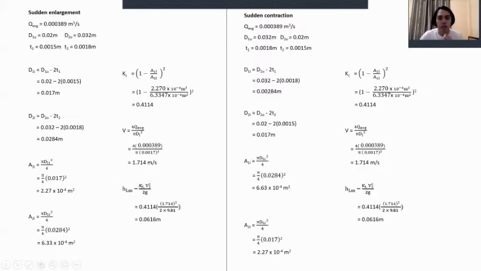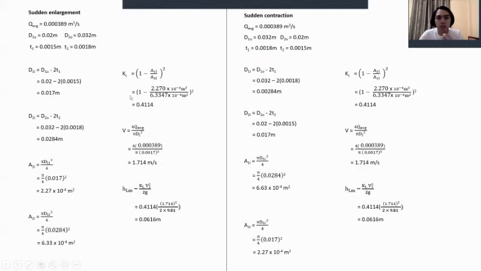Lastly, using all the values that we already calculated, we can find the value of HLM, which is KL multiplied by V squared over 2g. So we will get 0.0616 meter. For the sudden contraction, the value of Q average is pretty much the same. Same with the diameters, only the positions of the diameters are exchanged.